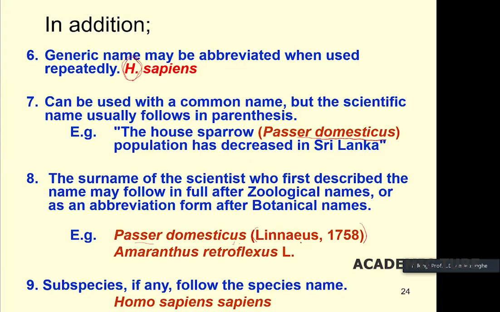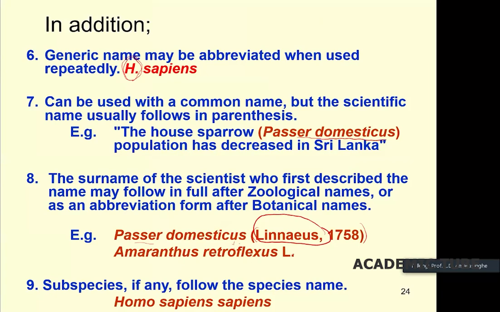For zoological names, we can abbreviate the author's name as the capital first letter, Linnaeus, L dot. But if it is for botanical names, you have to write the name in full.